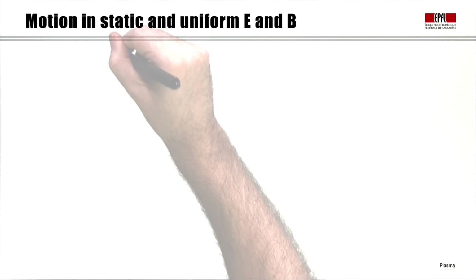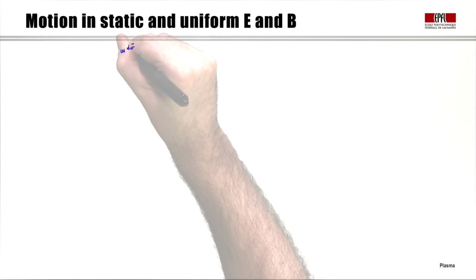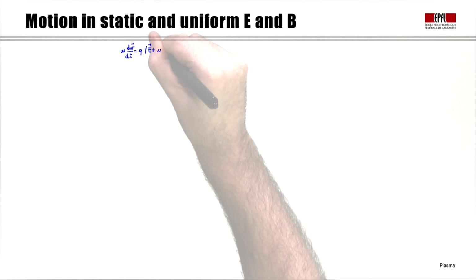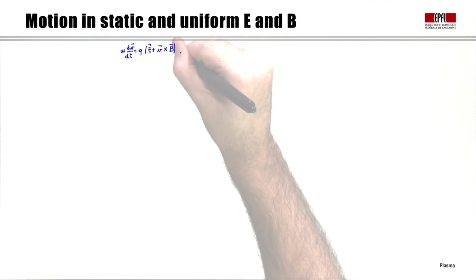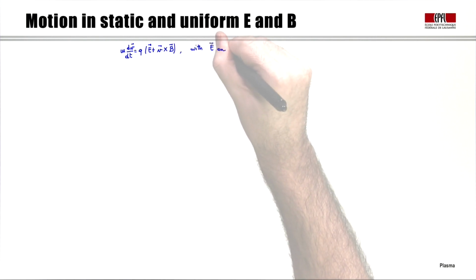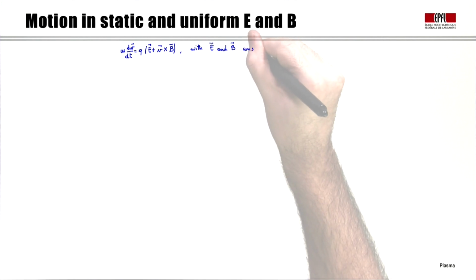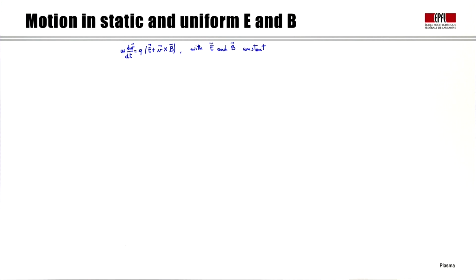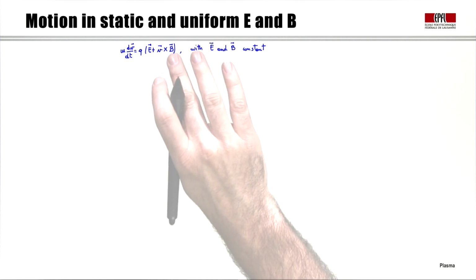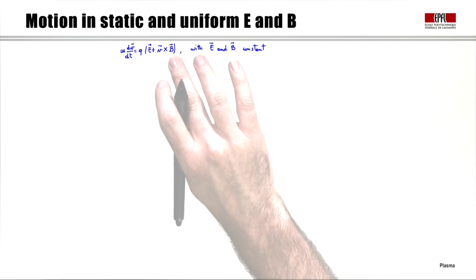So what we want to solve is a Newton equation of a particle with charge Q that is subject to an electric and magnetic field, with the electric and magnetic field that are constant. To approach this problem, we will decompose this equation into directions parallel and perpendicular to the magnetic field.